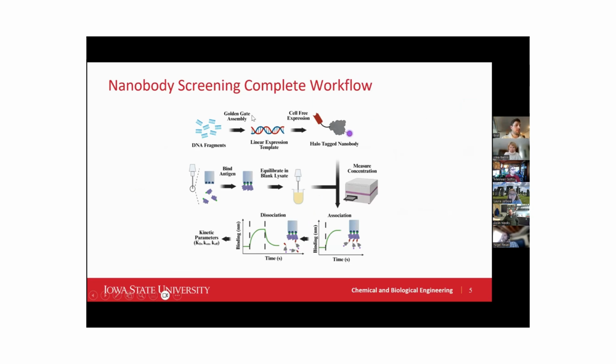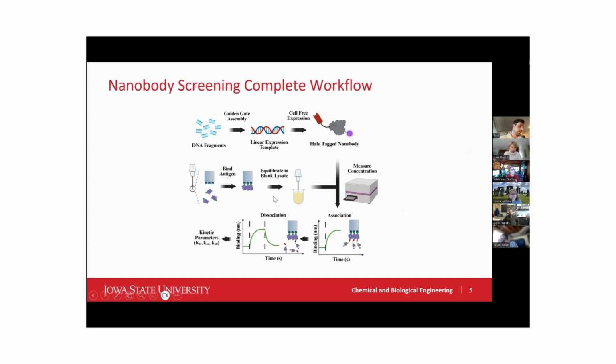Golden Gate assembly allows me to introduce mutations easily and cheaply to generate the templates for whatever proteins I want to test. Then I can put that into cell-free expression to generate my nanobody. Once I have my nanobody, I can measure its concentration using a fluorescent tag directly from the cell-free reaction.